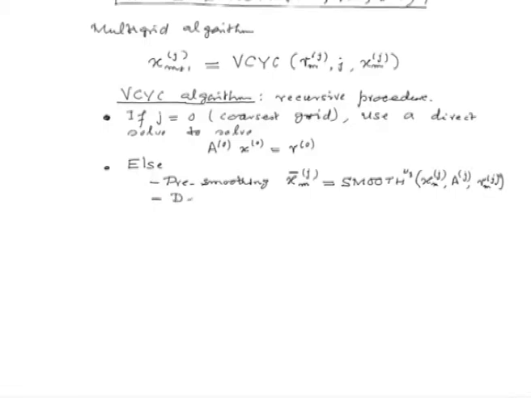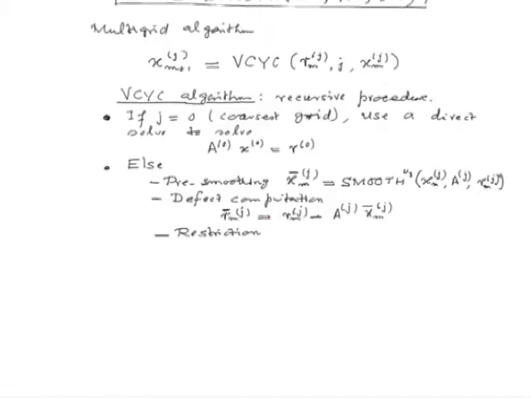Then the next step is what we call defect computation. Compute the residual with the smoothed value of x m j which we have computed earlier. So, let us call this R m j bar, this is equal to R m j minus A j x m bar j, and then it has to be restricted to the coarser grid.